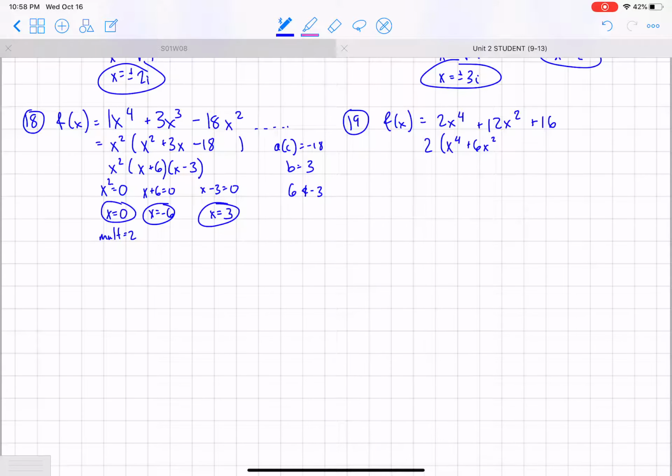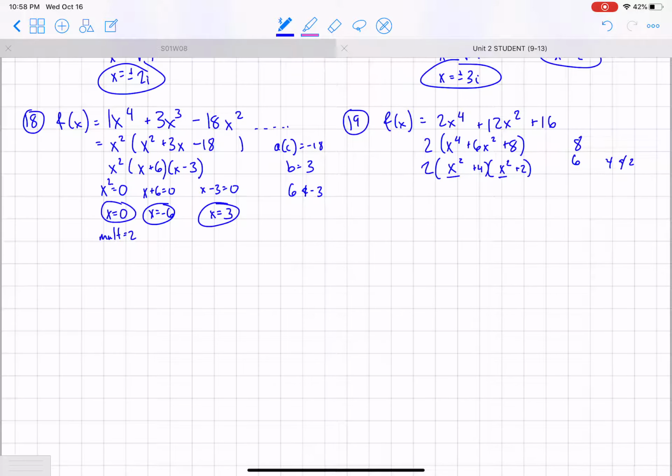So at least the numbers will be smaller. So now we're looking for the factors of 8 that add up to 6. And that would be 4 and 2. So we have 2 times plus 4 and plus 2. But instead of just having x, we're going to have x squared, because x squared times x squared is equal to x to the fourth.